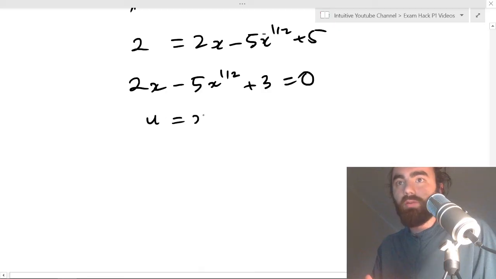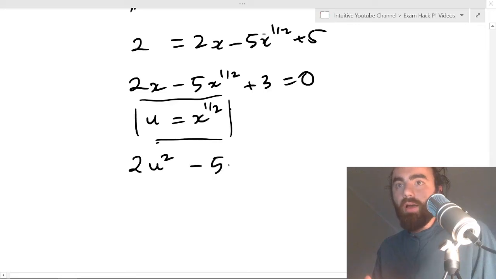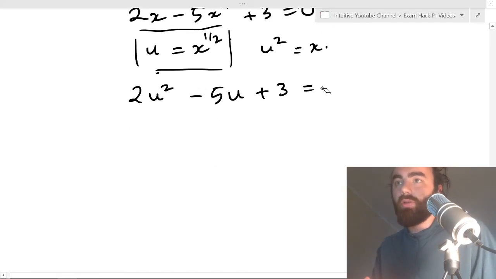We can say that u equals x to the half, right? If we make that substitution, then we get 2u squared minus 5u plus 3 equals 0, because you can see that u squared will equal x, right? And then we can solve for u and then find x.